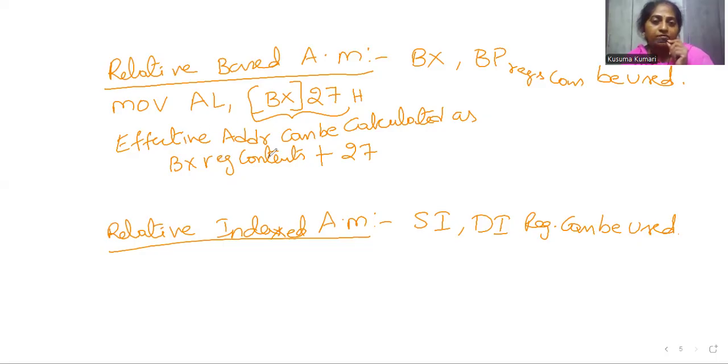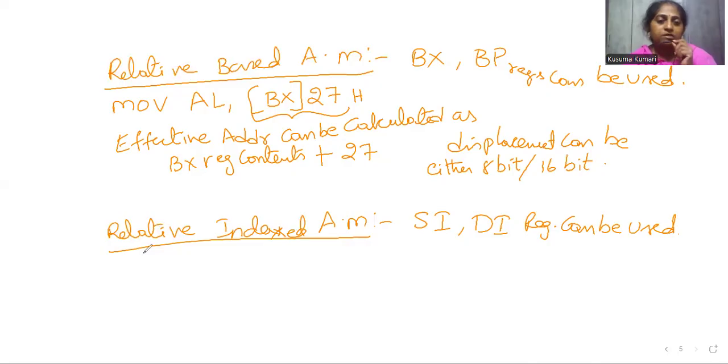The effective address is the sum of the BX register contents plus the specified displacement value. This displacement can be either an 8-bit or 16-bit number.